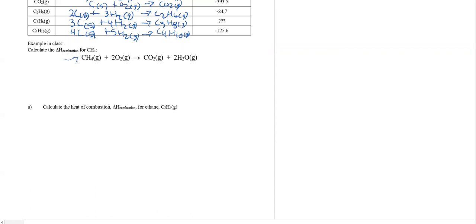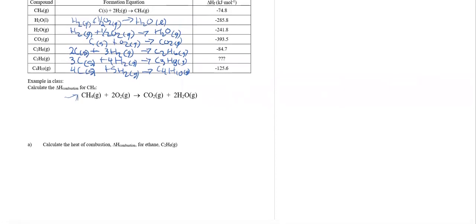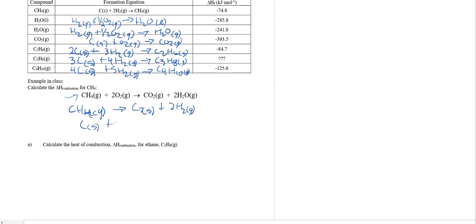So when I look at this, I think for my CH4, we should use that first equation, CH4 as a gas, coming from C as a solid, plus 2H2 as a gas. And my CO2 is coming from carbon as a solid, plus O2 as a gas, going to CO2.